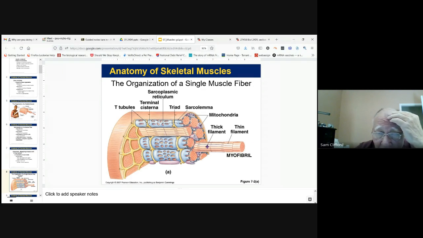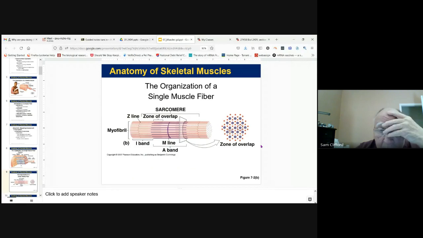So the thick and thin filaments connect the Z lines. So one sarcomere is from one Z line to the other. If we look at a single muscle fiber, it contains thick filaments and thin filaments.